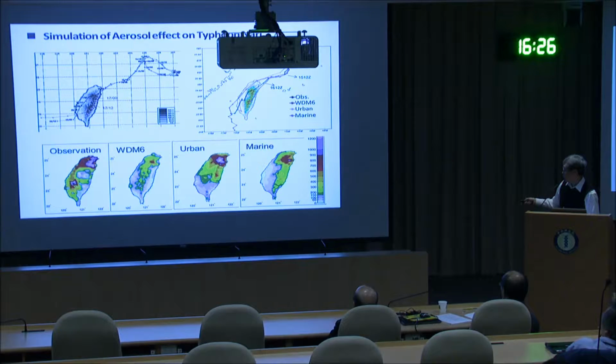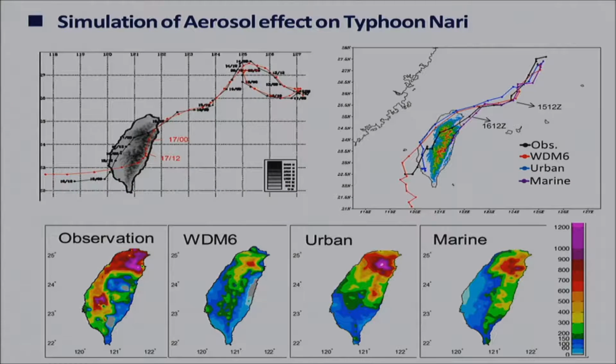In the maritime case, it goes to the east, so the precipitation focuses on the northeastern part. But the urban case has a lot of precipitation in the north, which is closer to the observations. So this case shows aerosol can affect the track of a typhoon for this special typhoon.